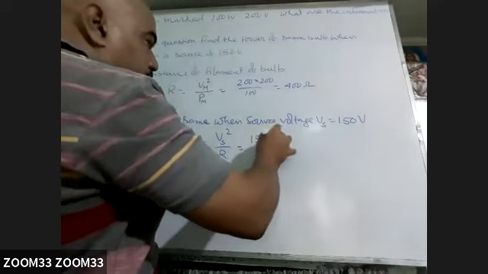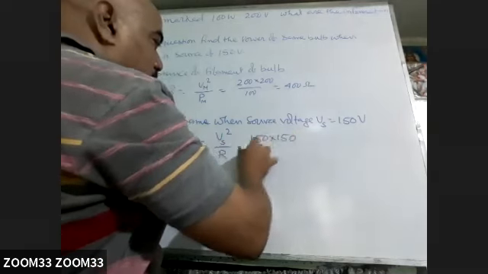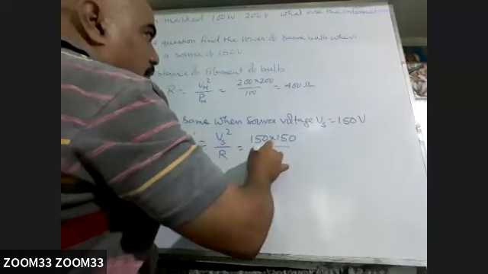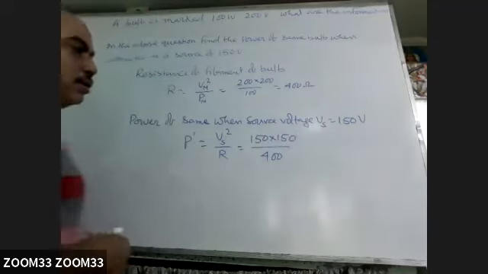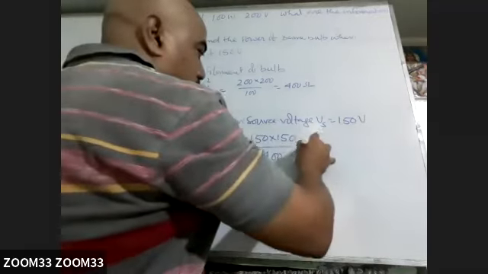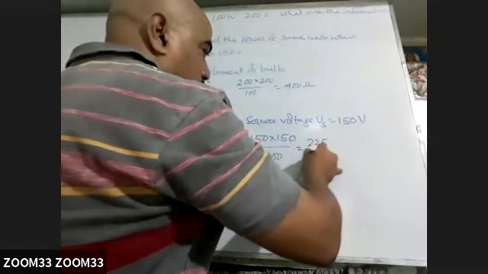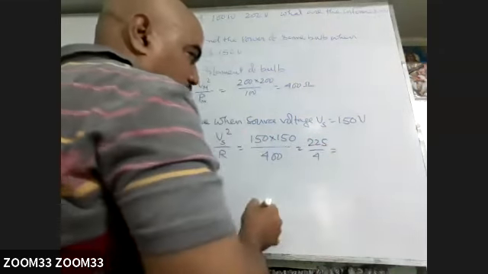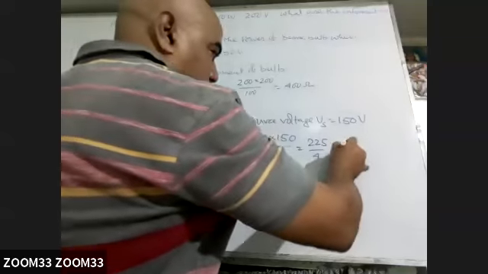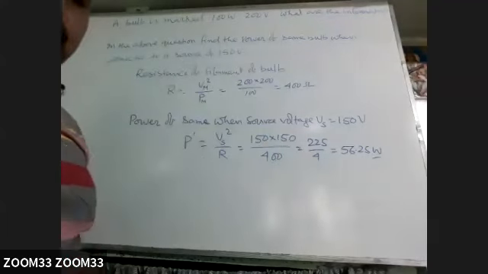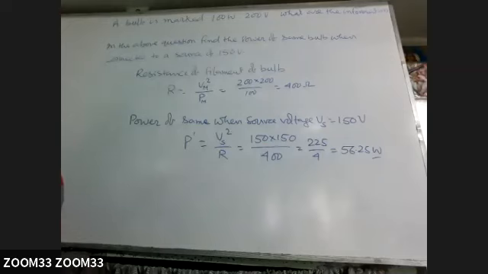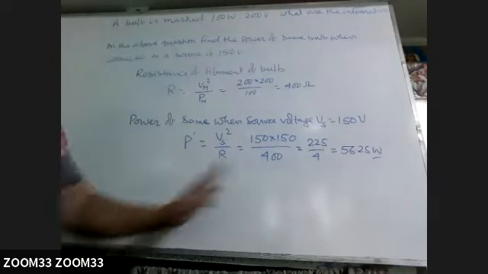So 150 into 150 over 400. It will become 56.25 watt. Naturally, the glow of this bulb will become almost 56%, so 44% of the glow will decrease.